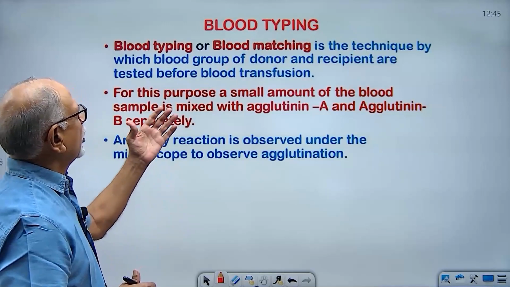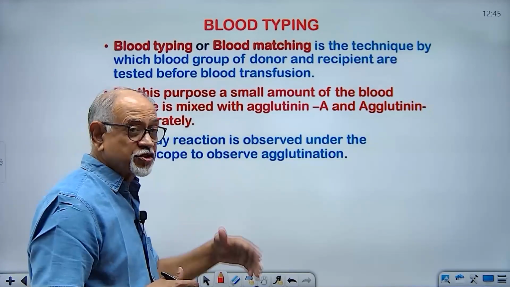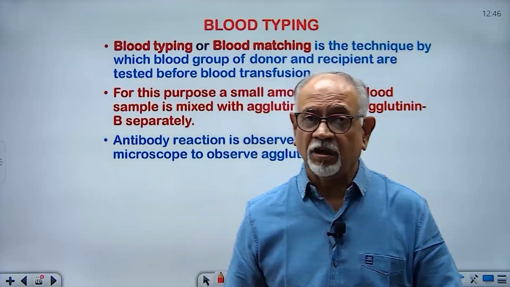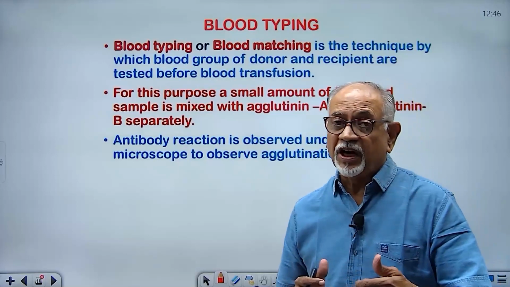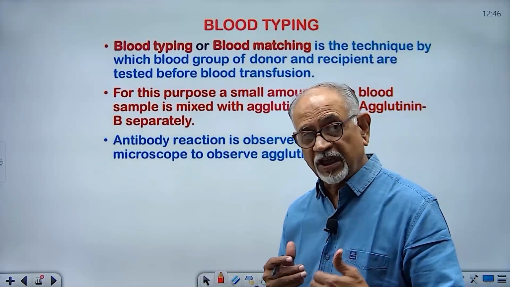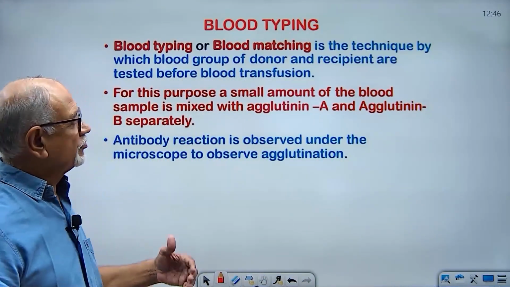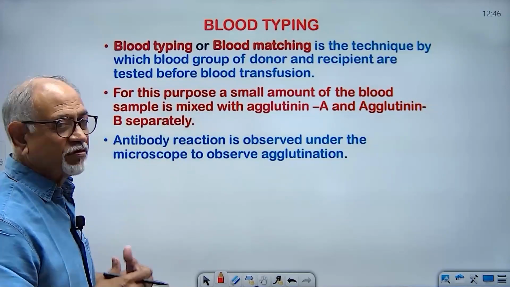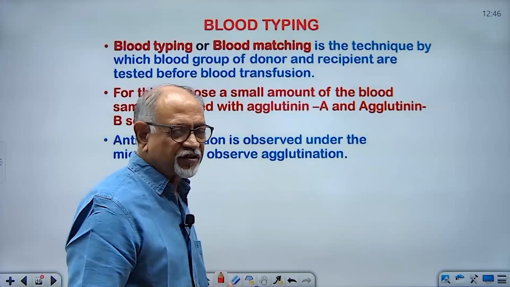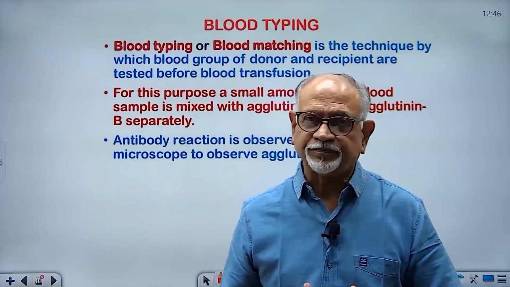A small amount of blood is taken and it is mixed with antiserum A and antiserum B for identifying whether the blood group is A or B or AB or O. Now, testing a blood group of ABO system is very important for matching of blood sample of the donor and the patient.